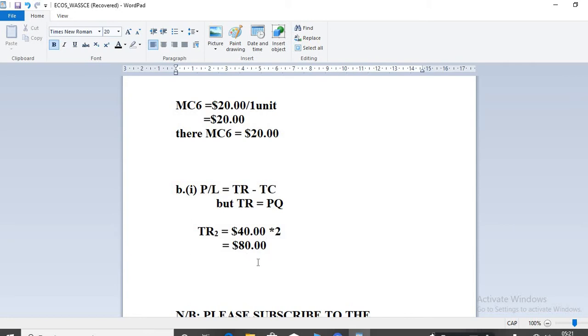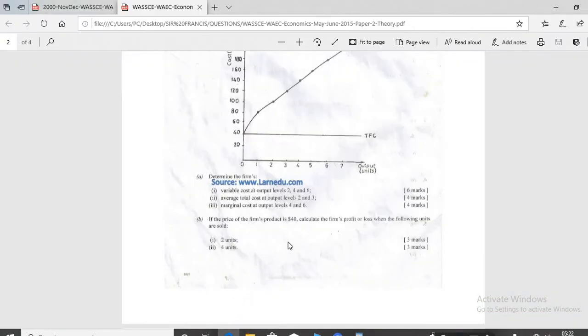Now that we've gotten the figure for the revenue, let's find the total cost, TC2. TC2 equals what? You can get that by using the graph. So let's go back to the question.